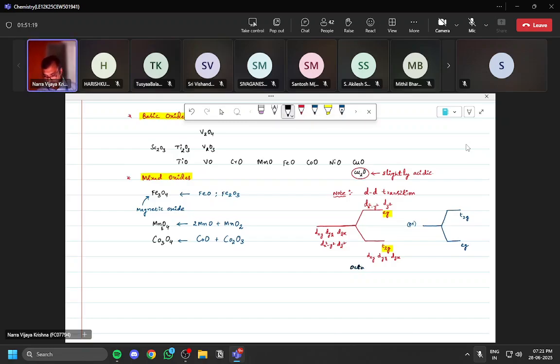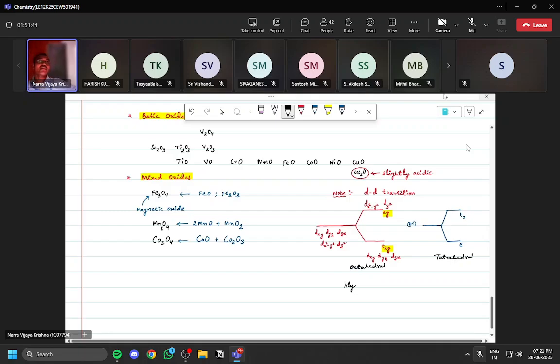Right. This is octahedral complexes. Here we call them as tetrahedral complexes. Instead of writing tetrahedral, don't write g. Simply write as t2 and e. Right? Tetrahedral complexes. Similarly, if you have unpaired electrons in f orbitals, they are also colored due to f-f transition.